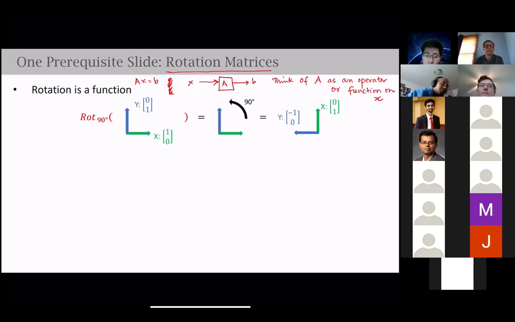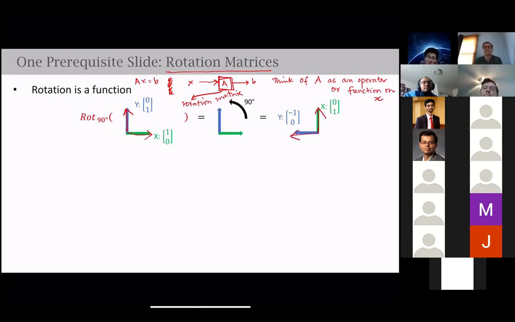Okay. So if you think of it that way, then I can also think of matrices A that take a vector X, rotate it, and create another vector B. So then A, which is a matrix, can be a rotation matrix. So for example, I take this vector and this vector, and if I multiply it with some matrix, I can make the green vector go here and the blue vector come here.